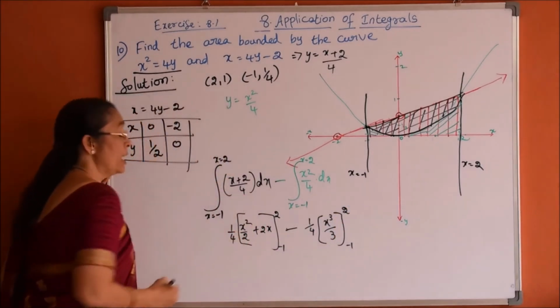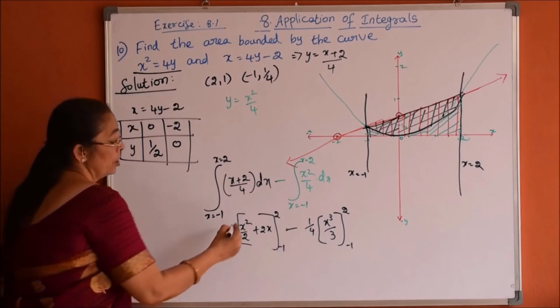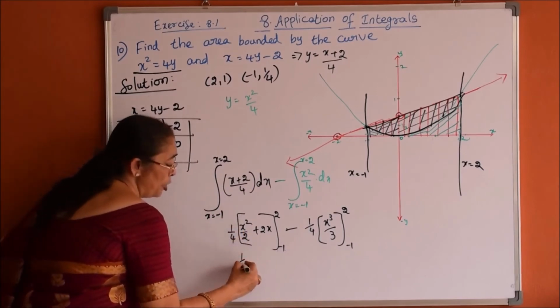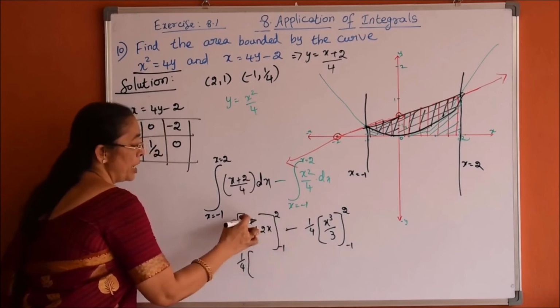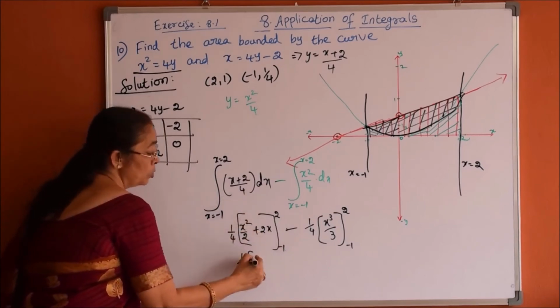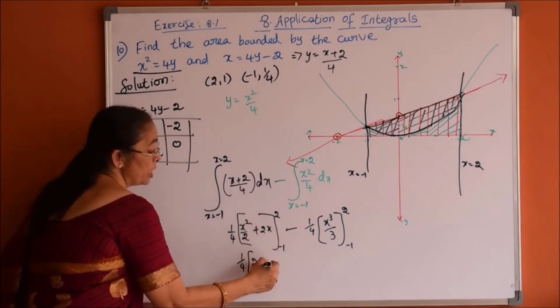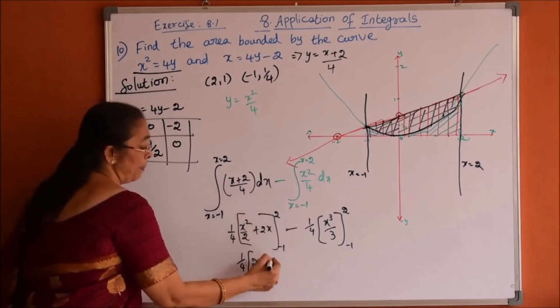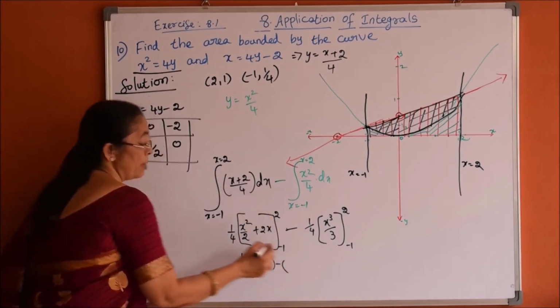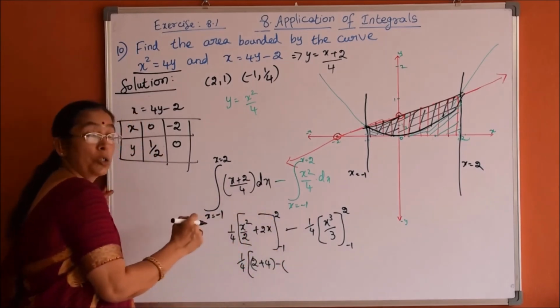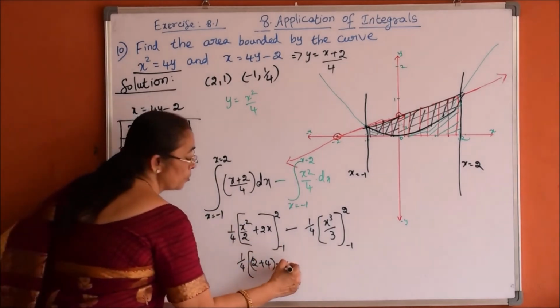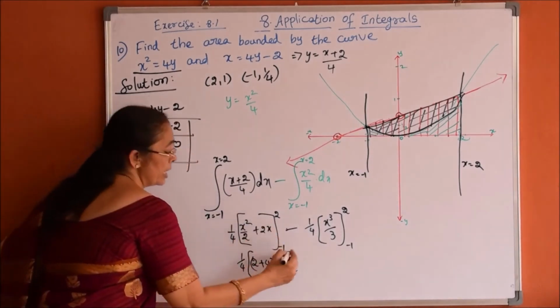Let us apply the limits now. So 1 by 4 into upper limit 2 square, 4, 4 by 2, 2, plus 2 twos are 4. We applied upper limit minus lower limit. -1 whole square is +1, 1 by 2, and 2 ones are -2 here.